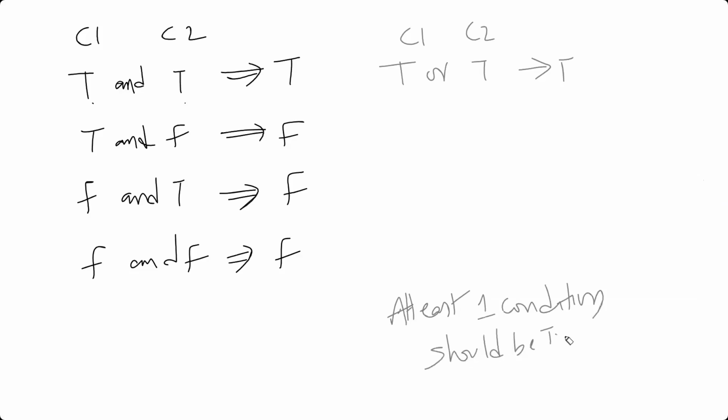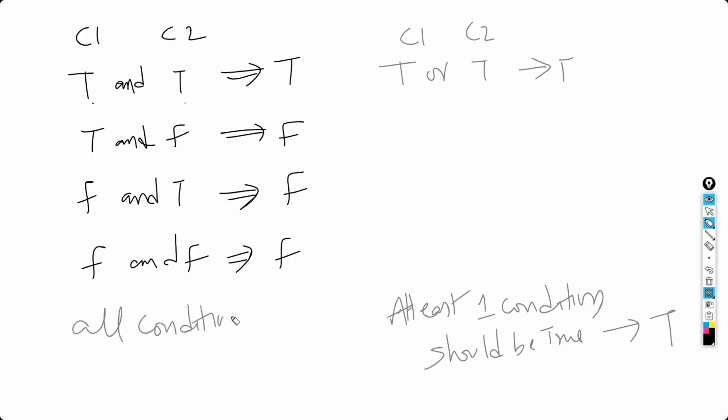Even if there are 10 conditions, if at least one condition is true, the overall output is true. But for the and operator, all conditions should be true. Only then is the overall output true. In the or case, at least one condition should be true to get the overall output as true.